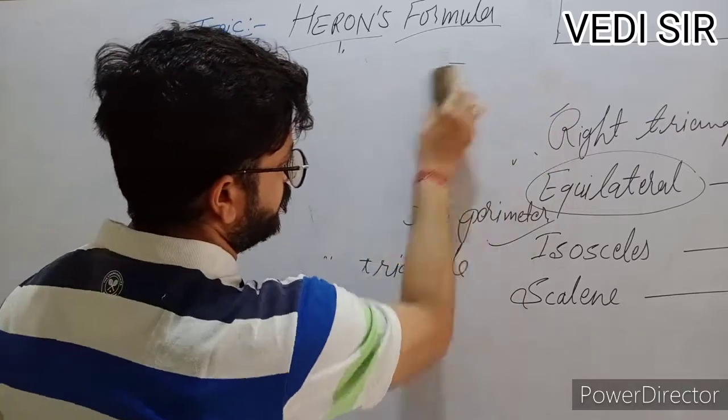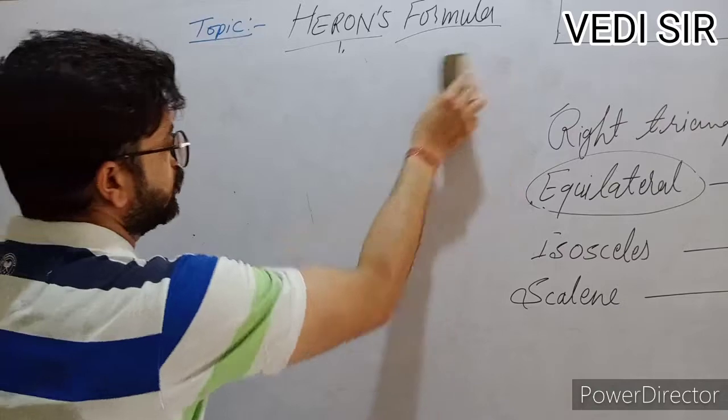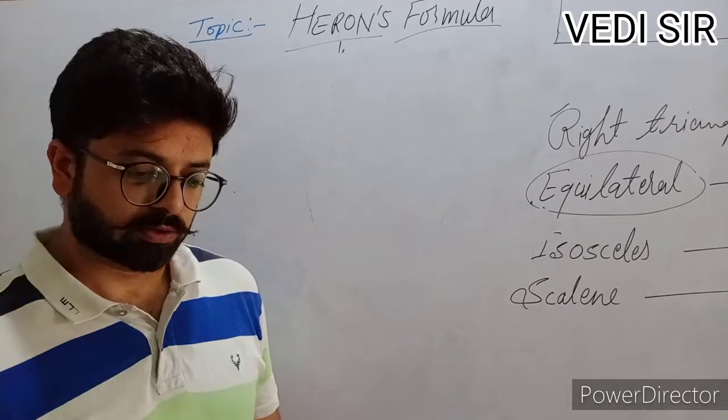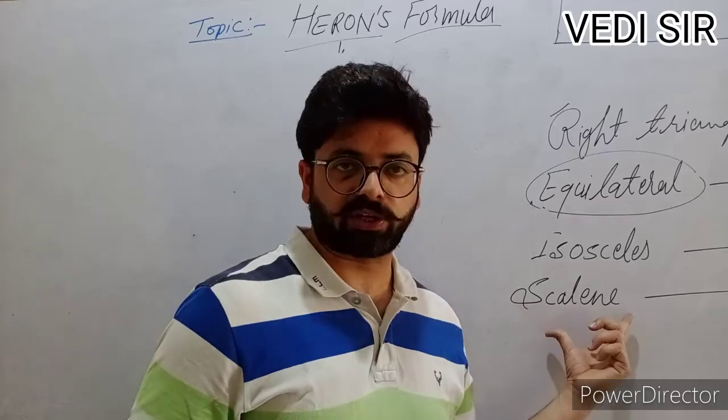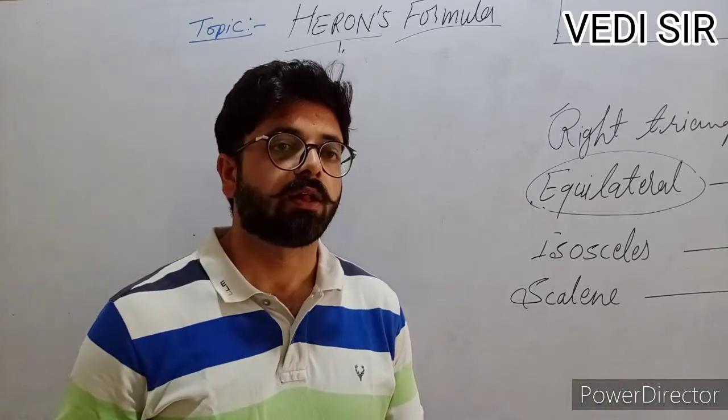Now I think you have written all these formulas. Now you know why we use Heron's formula for a scalene triangle. For scalene triangle only we use this formula.